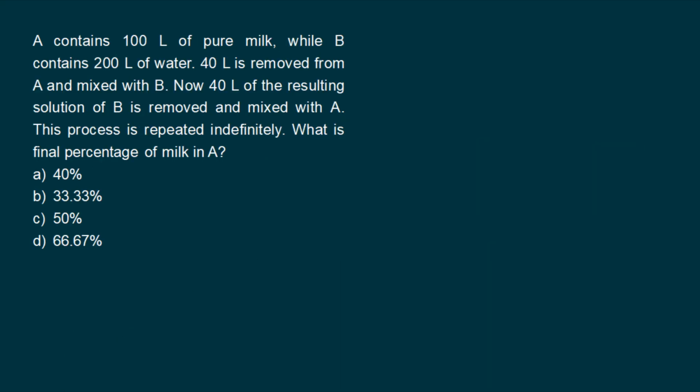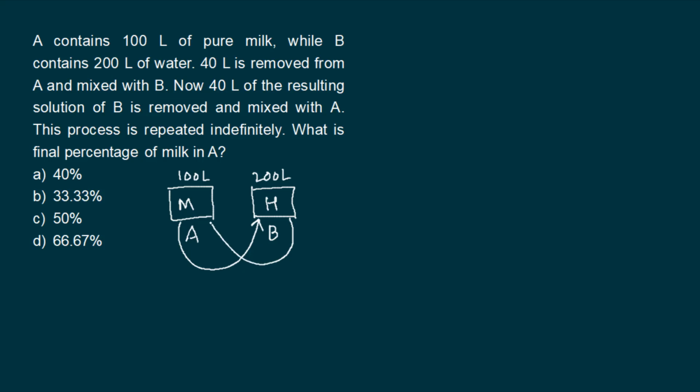Read this question. This is a really very interesting question from mixture. Container A contains 100 liters of pure milk, while B contains 200 liters of water. 40 liters is removed from A and mixed with B. First, now 40 liters of the resulting solution of B is removed and mixed with A. Second step.